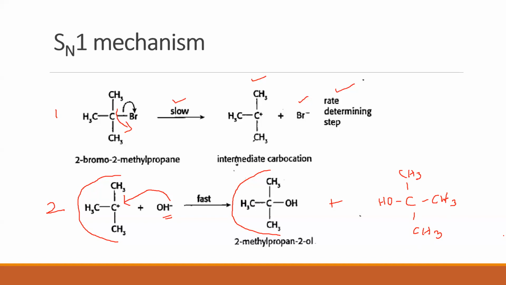This product is also obtained here, and here you can clearly see there is inversion because the position of the groups have changed and the nucleophile has come and attacked the position that is opposite to where the halogen was. And what is the ratio I told you? 50%, which means 50% of this product is formed and 50% of this product is formed.